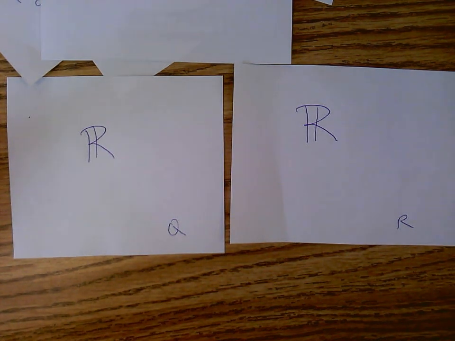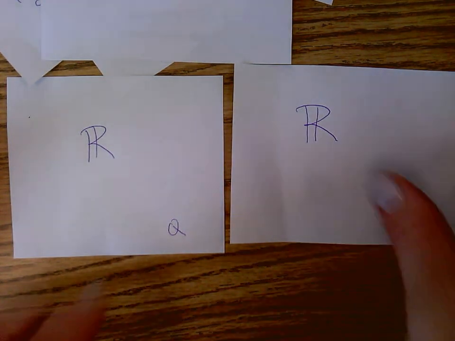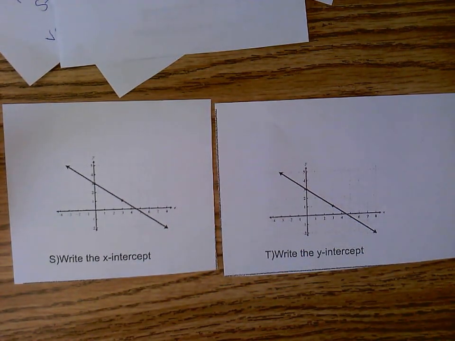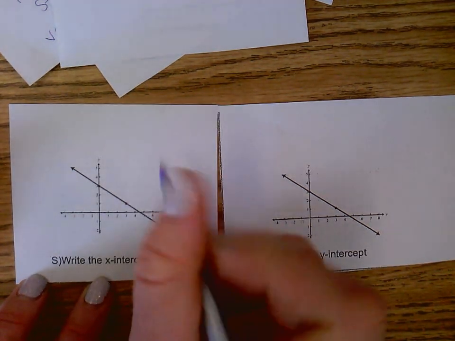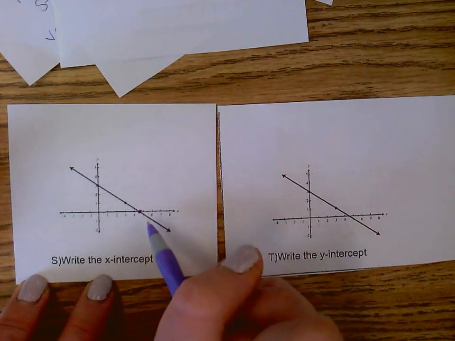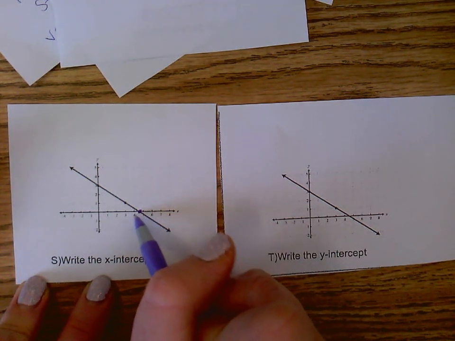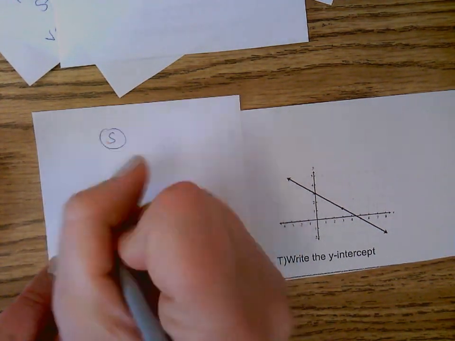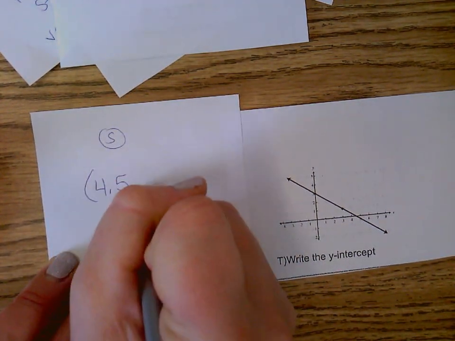Q, R, S, T, let's see, S, T. Write the x-intercept and write the y-intercept. So let's see, S is the x-intercept. What would you estimate the x-intercept is? Yeah, maybe 4.5. So how do I write an x-intercept? 4.5, comma 0.